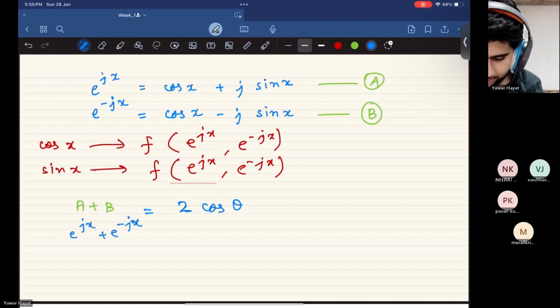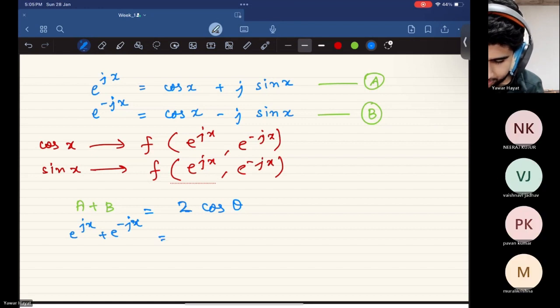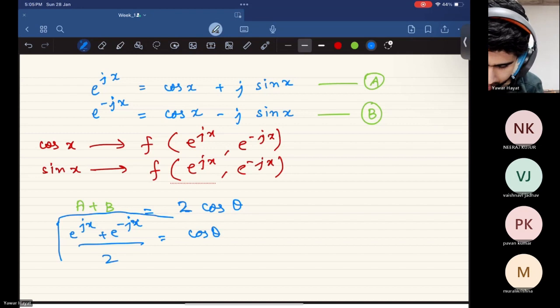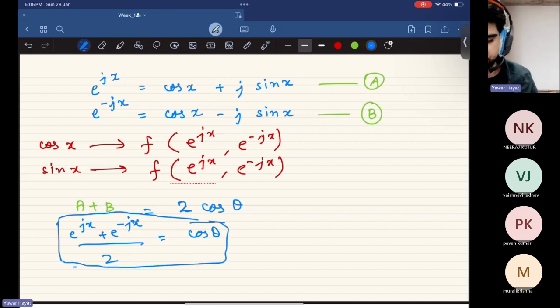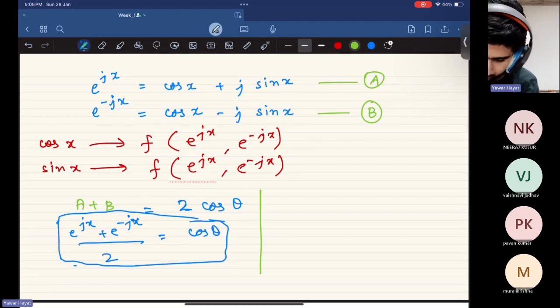So cos x is half of this. That is what we used in this session before; this is just a proof of how it comes about.